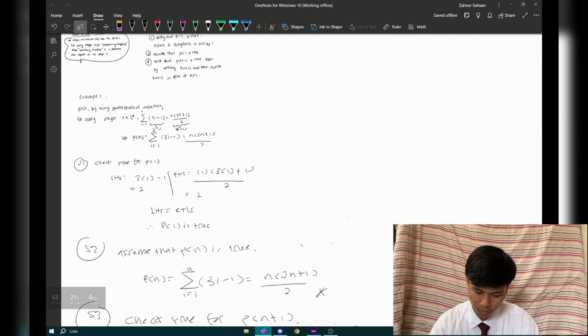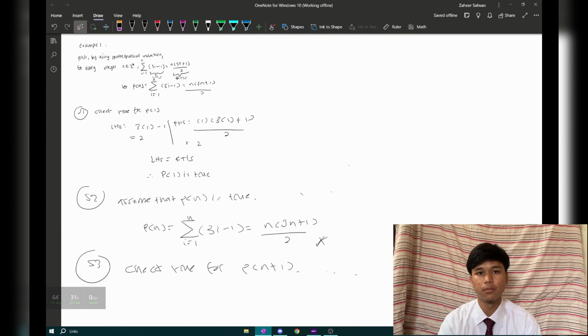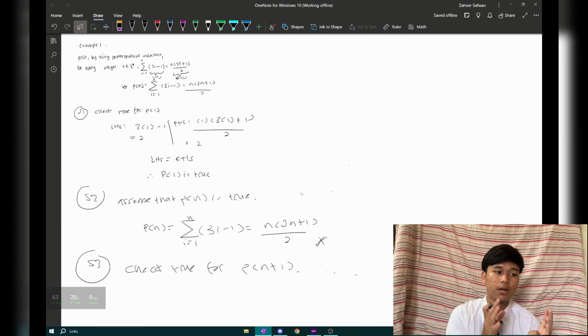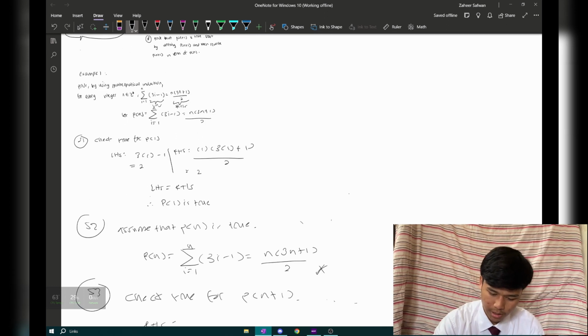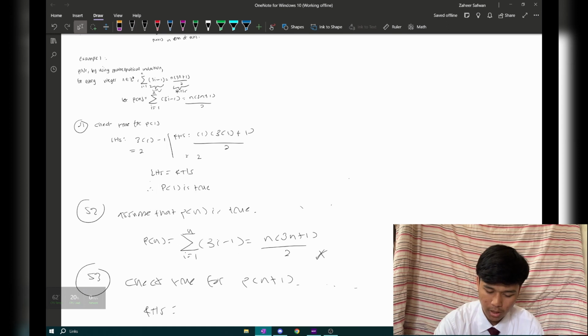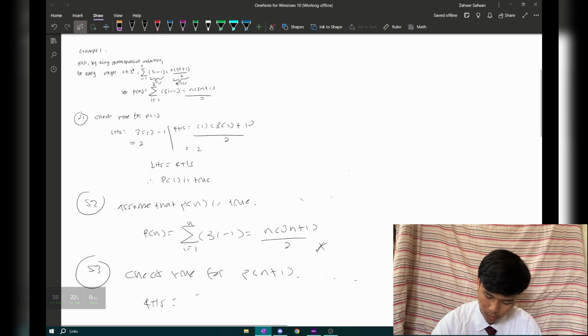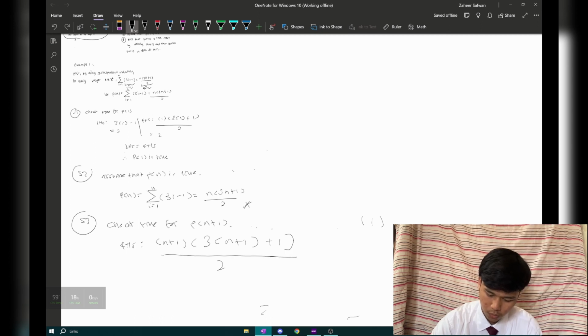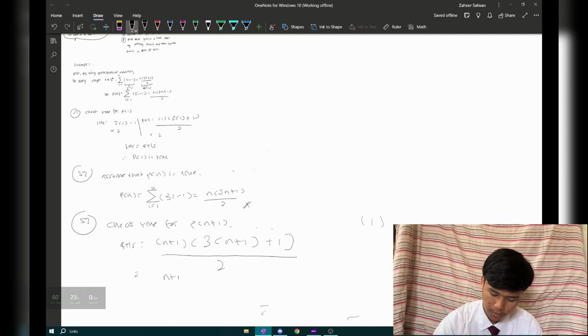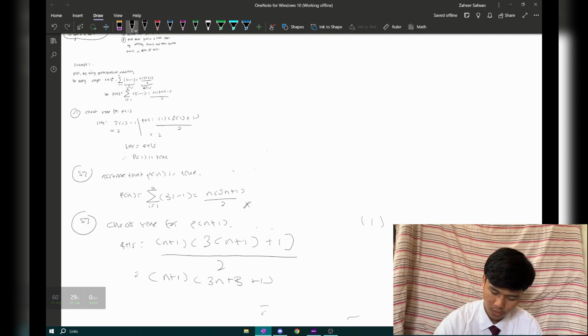First we check for right hand side. Like step 2, we compare the right hand side and left hand side. For right hand side, we just substitute n with n plus 1. So (n+1)(3(n+1) plus 1) over 2, and we get (n+1)(3n plus 3 plus 1) over 2.